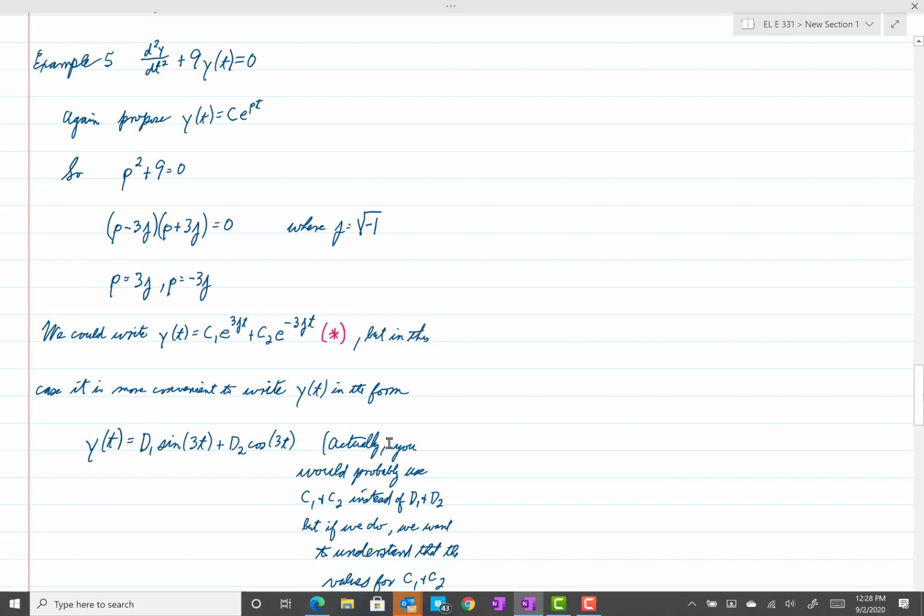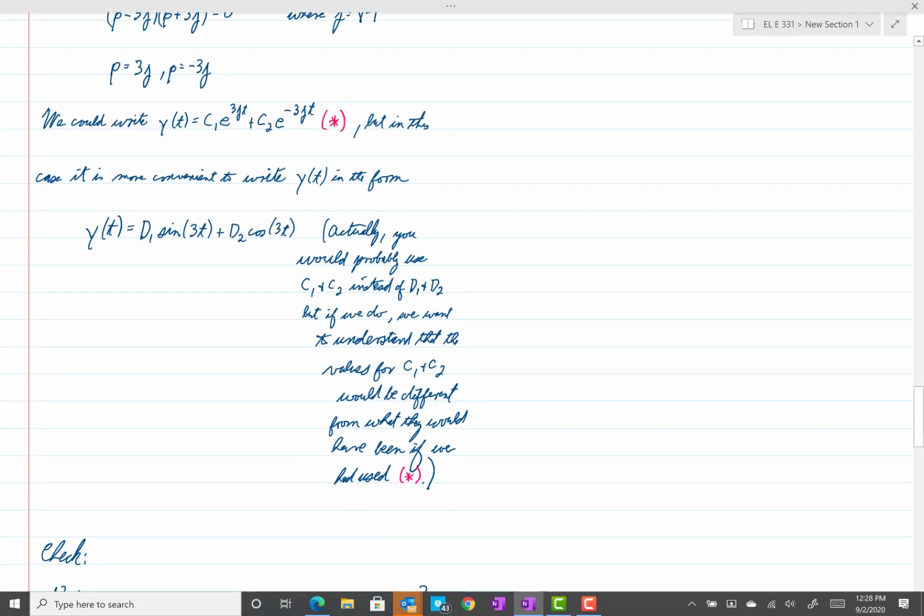And as I have this remark here, actually, to be honest, rather than writing it as d1 sine 3t plus d2 cosine 3t, you would probably still write down c1 and c2. But it's important to realize that if you did write it as c1 and c2 here, those c1 and c2 would not be the same as the c1 and c2 up here.